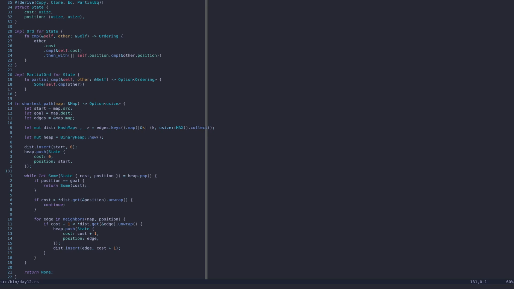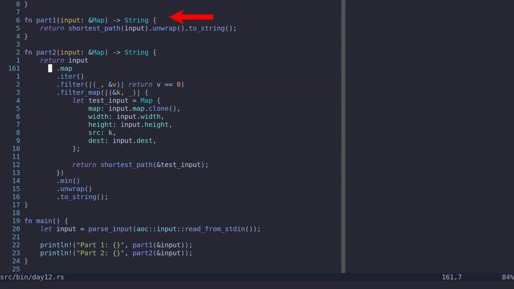If the cost to the neighbor is lower in the current path, then it's a new minimum path for the distance hash map. Then we push this new state into the heap and we update the minimum distance. So next time we check with this edge, we can see if we found a better or a worse path. And yeah, ideally we'll find the goal at some point, but if we don't, we have to return a none. Then for the first part, we just want the shortest path, so we call the function.